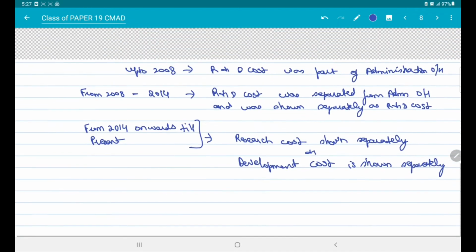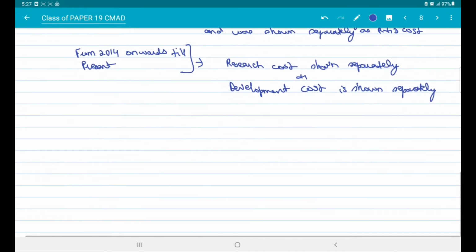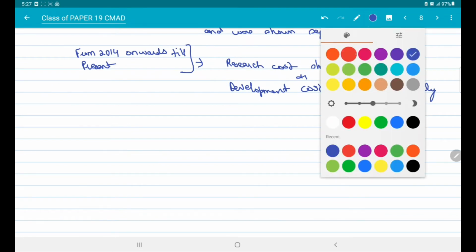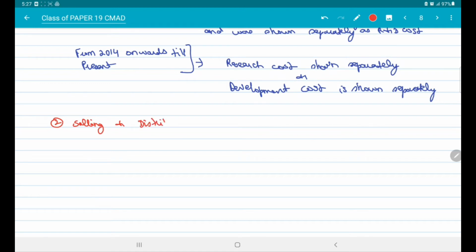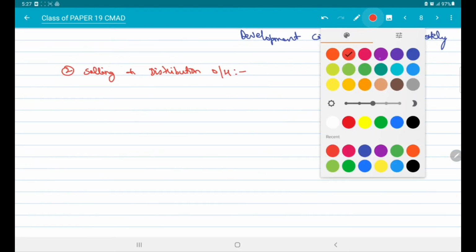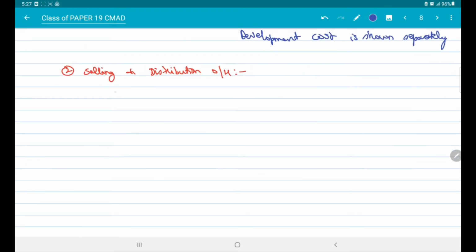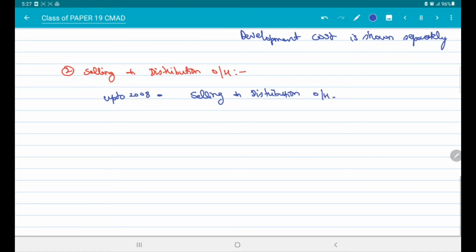Same way, for selling and distribution there will be a doubt. Before, we used to show selling and distribution together. Here also it is the same. Up to 2008 it was selling and distribution overhead, disclosed under one name.